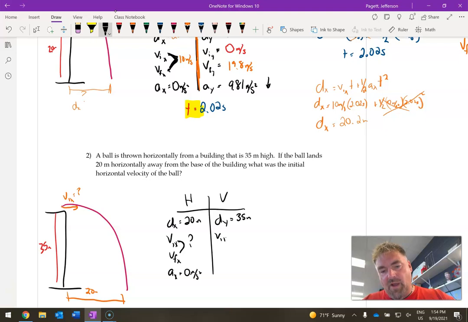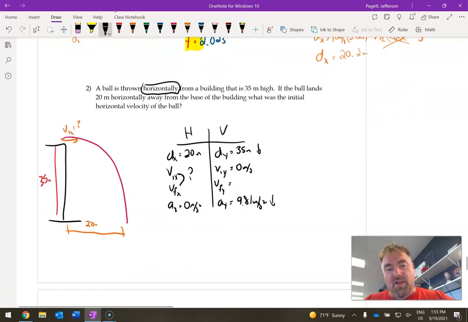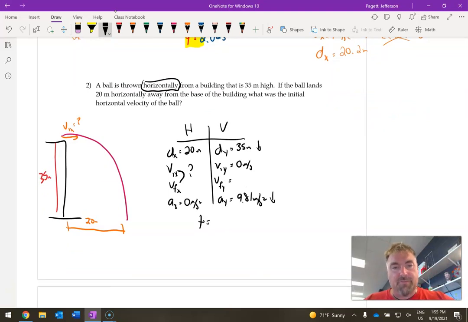My VIY, that's going to be 0 meters per second because, again, it's thrown horizontally, so it's not being thrown up, it's not being thrown down. VFY, don't know. Acceleration, vertically, is 9.81 meters per second squared down. Ball's going down, so hey, I'm good. So now, I don't know time.